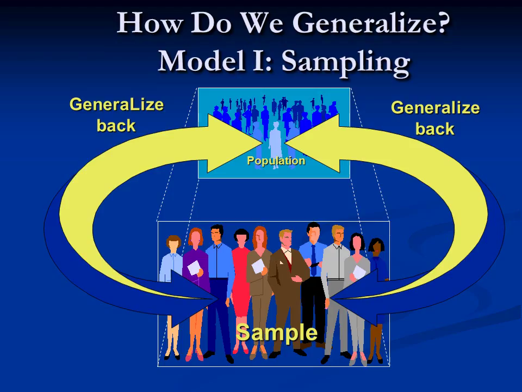This model is very commonly used because populations, depending on their size, are often too big, too large, or too difficult to study completely. Take, for example, a presidential election. We have the elections coming up next year, and at this point, we have a number of polls being conducted to look at the favorability ratings of different nominees.